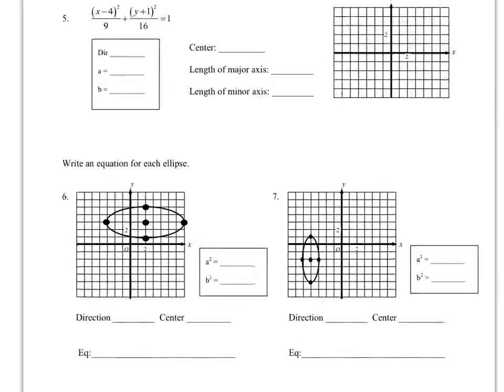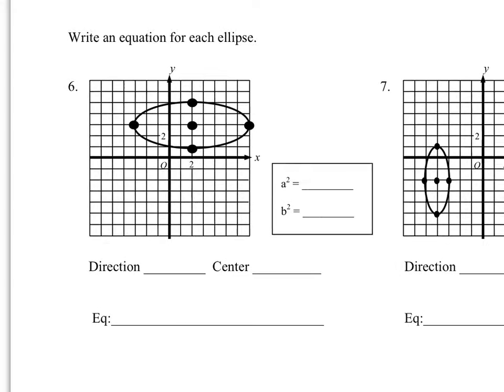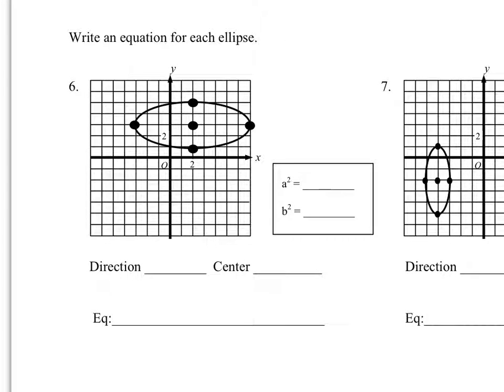Okay, now we're on the next page. Let's go ahead and just take care of these last two here where we've been given a graph of an ellipse, and let's come up with the equation. So we can answer a lot of these questions here. First of all, it wants us to answer what's a squared and what is b squared. That's going to help us get our equation, okay?